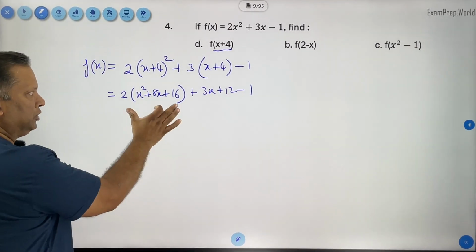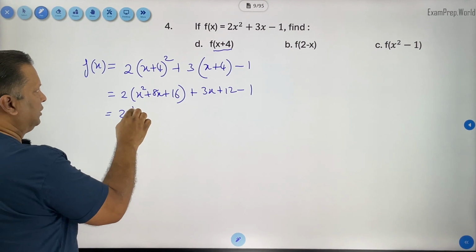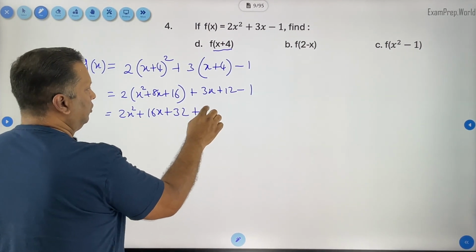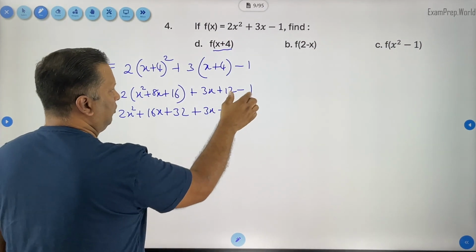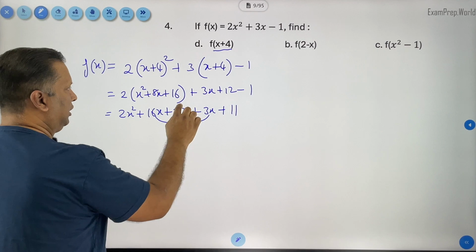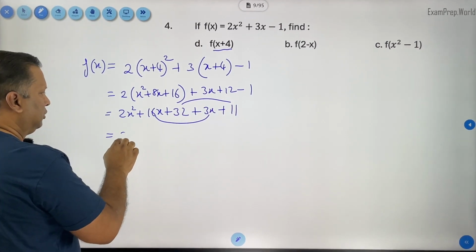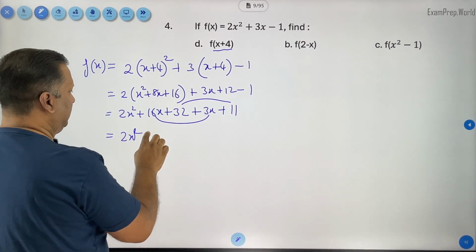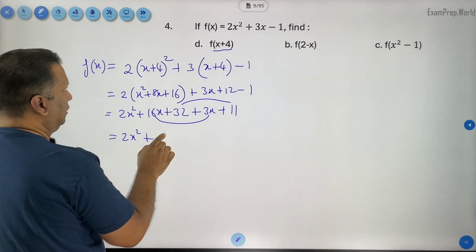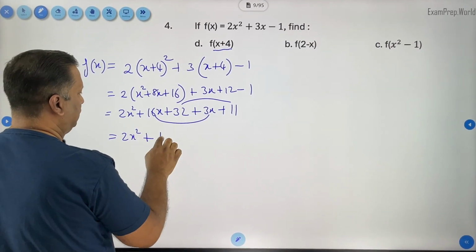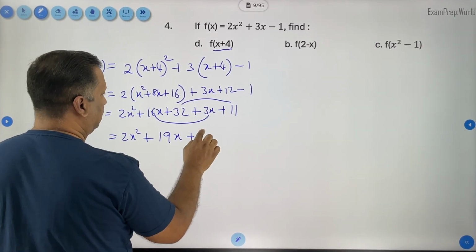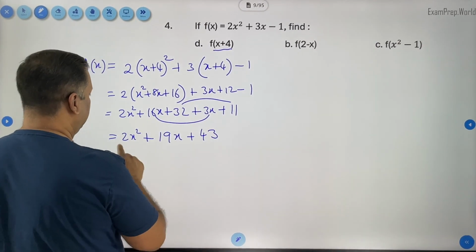Okay, now let's open this bigger bracket. 2x square plus 16x plus 32 plus 3x, 12 minus 1 is 11. Now look at the like terms. I have 2 like terms here and 2 like terms here. So 2x square, 16x plus 3x becomes 19x, and 32 plus 11 becomes 43.